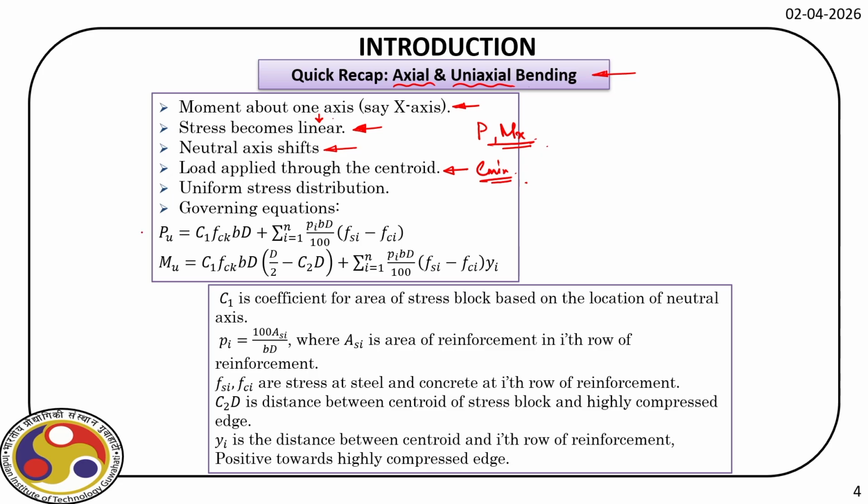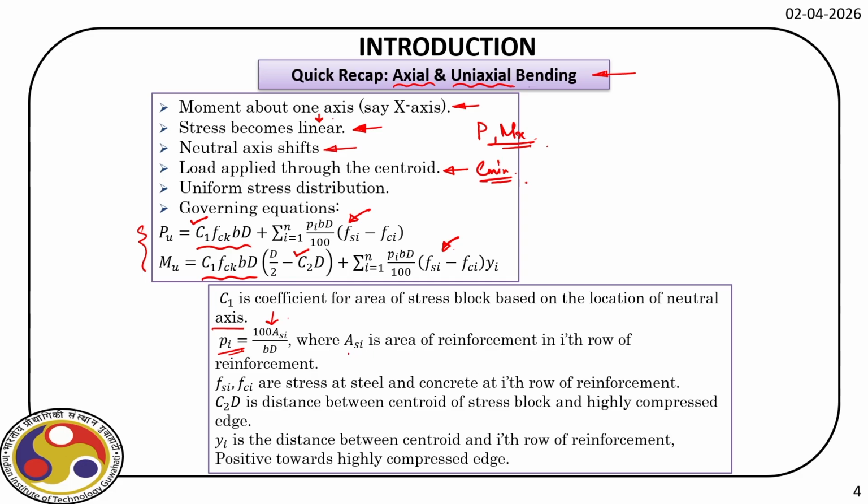Now, for this, we have governing equations of force and moment for that section. Again, we have contribution from each layer of steel, as you can see here, and then we also have the effect of concrete. If you recall, we discussed in detail these constants C1, C2 and how to design completely. C1 is the coefficient for the area of the stress block based on the location of the neutral axis. Pi is the percentage of steel at the ith layer, so we can estimate that.